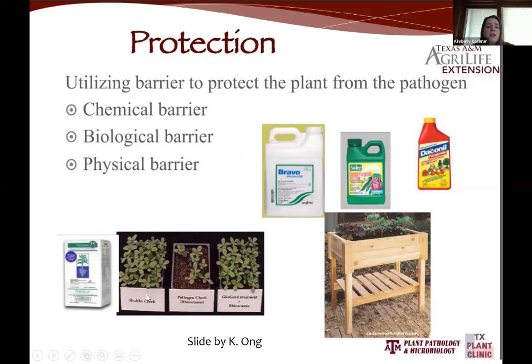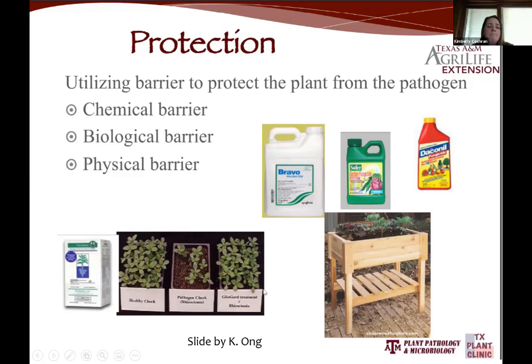So biological barriers, those are a lot of your biofungicides or biological control fungicides, and they can act a couple of different ways. Some of them colonize the surface of the plant and don't allow the pathogen to get a microbial foothold in terms of habitat. Others act more directly on the plant and kick off plant defense mechanisms and sort of prime the plant defenses.